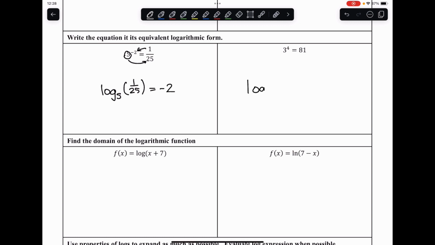So for the one on the right, this would be log base 3 of 81 equals 4. And that obviously still has to make sense. If I go the other way around, 3 to the 4th power equals 81. So you can check your work, because if you go backwards and you're able to do the first two, then your answer should give you this when you write it again into exponential form.